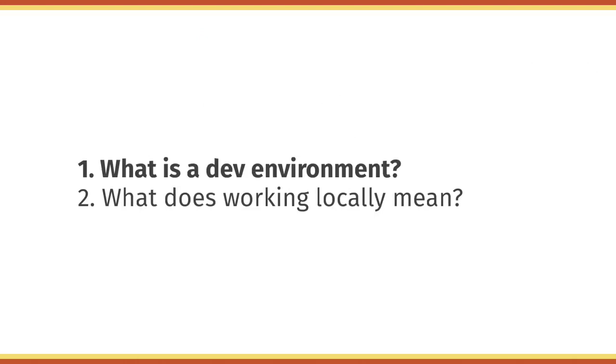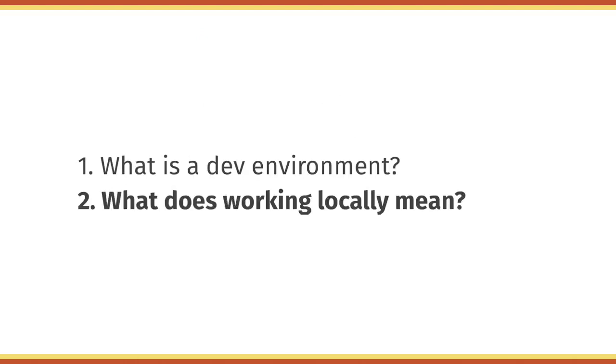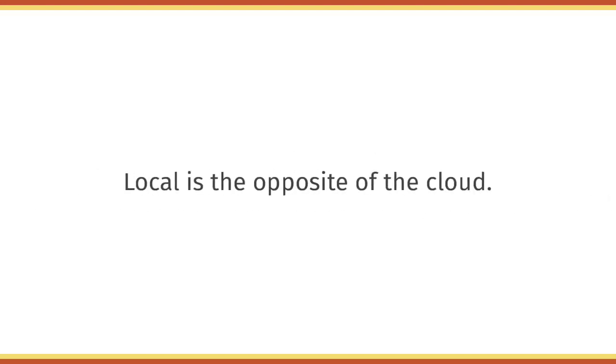Now let's answer our other question, which is, what does working locally mean? So local is the opposite of the cloud. Local refers to your personal physical computer. So for example, right now I want you to picture 2 things. Number 1, your personal computer, and number 2, a server that lives 1,000 miles away from you.